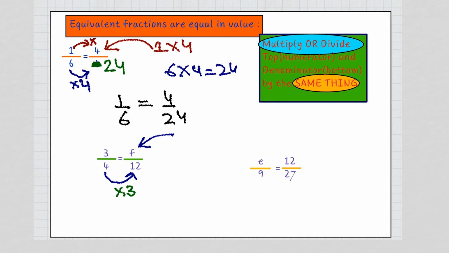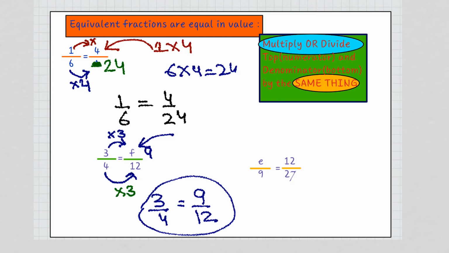As I told you earlier, we multiply or divide the numerator and denominator, and please always remember, by the same number, which in this case is 3. You need to multiply the numerator by 3 as well. So 3 times 3 would be 9. So 3 over 4 equals 9 over 12. That's how you find the equivalent fractions.